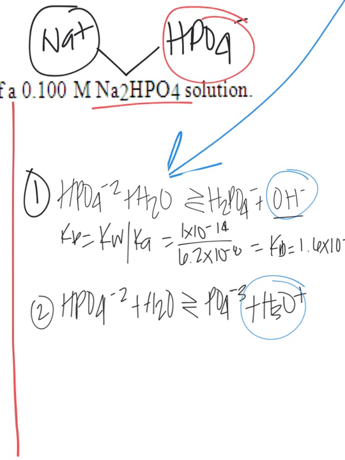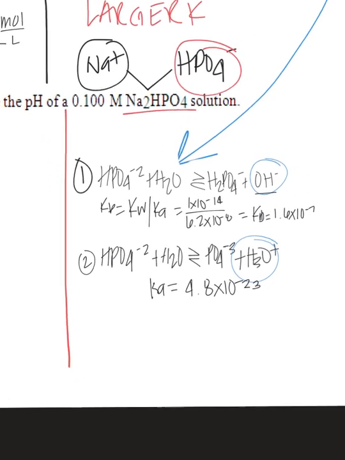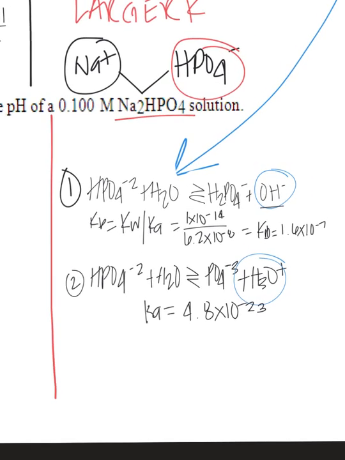Okay, and then this one is just straight up the Ka3 from that last problem, so 4.8 times 10 to the negative 13. Okay, remember the one that's more likely to proceed or more likely to occur is the one that has the larger K. Okay, the one that has the larger K is this top one.